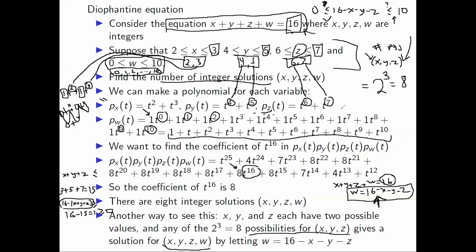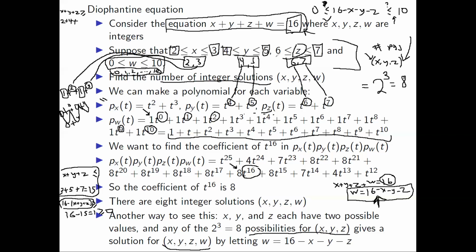So in order to see why that's true, instead of an upper bound on x plus y plus z, we want to find a lower bound on x plus y plus z. I claim we can find a lower bound as well. We can say it's greater than or equal to, and we can take the lower bound for each variable. So x is at least 2, so put a 2 there. The y is at least 4, put a 4 here.